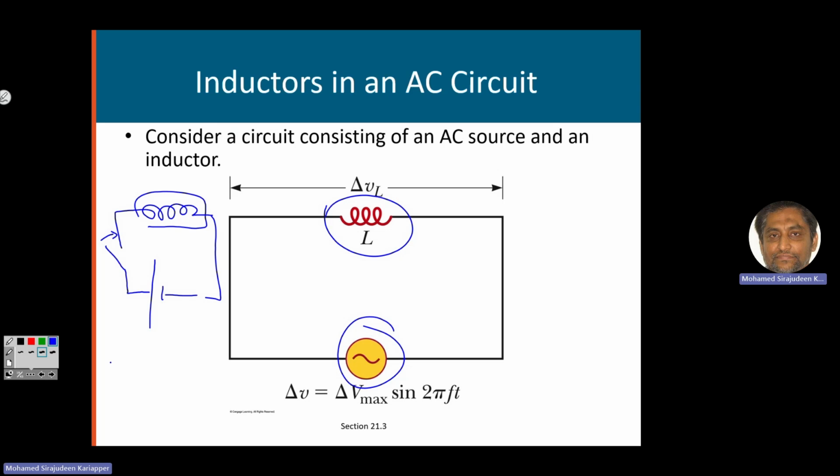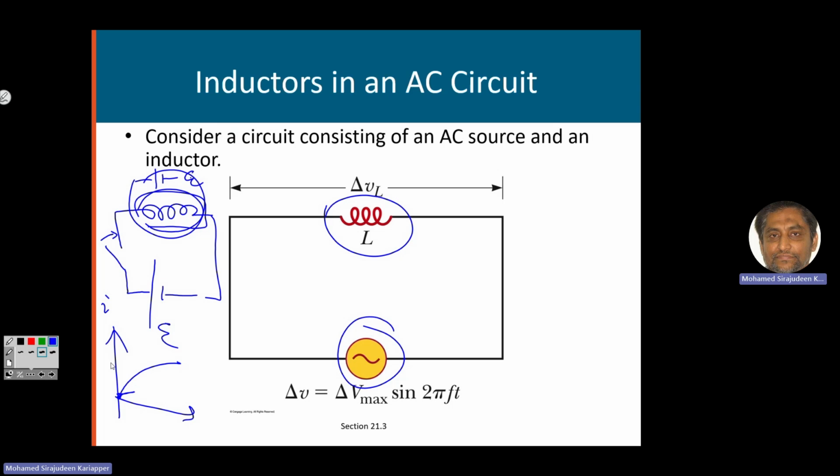The inductor doesn't like it. Immediately, at t equal to 0, it will act like a battery with the same EMF as this, but in the opposite direction. So it will make the current to be 0. When you close the switch, current will be 0. Well, what is the potential difference? Current is 0, but the potential difference across the inductance is maximum. Same as the battery voltage.